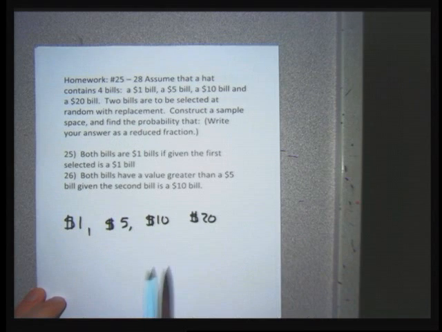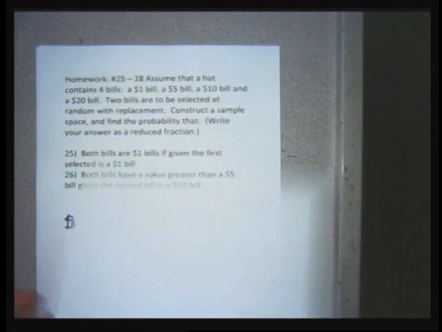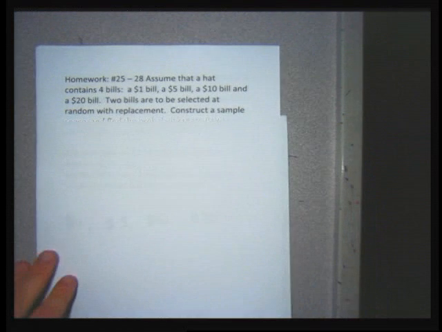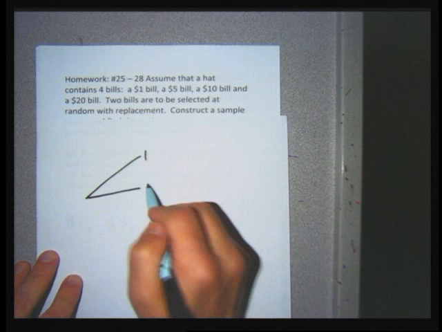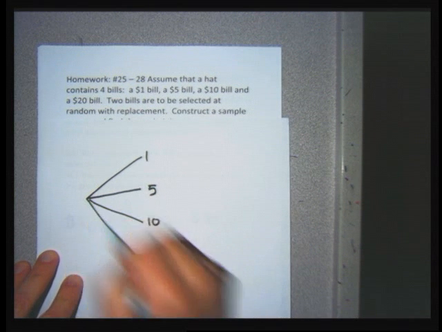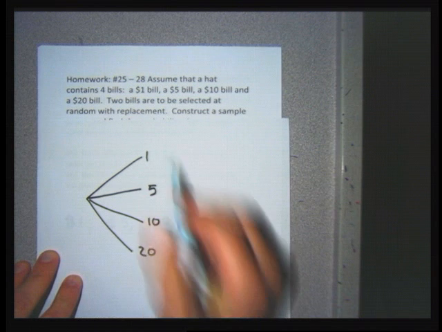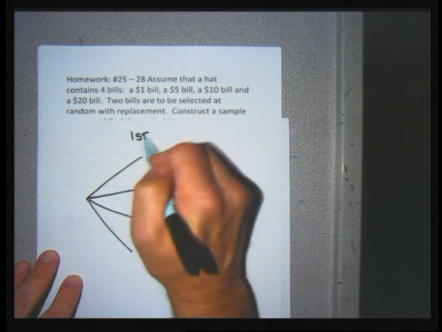So now I need to make a sample space. Should probably do that on another sheet of paper. So my first bill can be the 1, it could be the 5, it could be the 10, it can be the 20. So I need to have a complete sample space before I could make a reduced sample space.